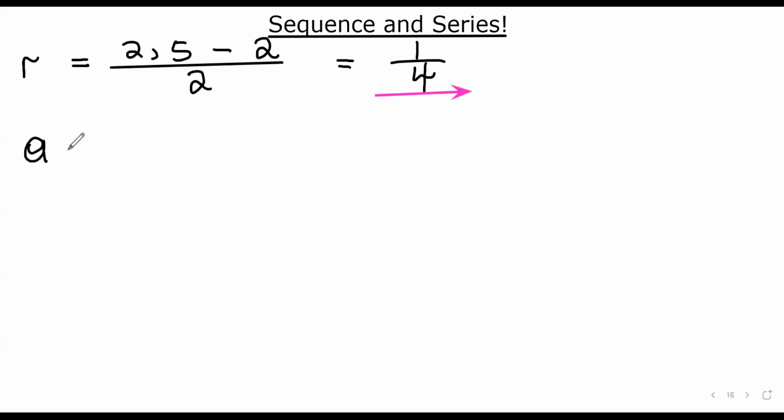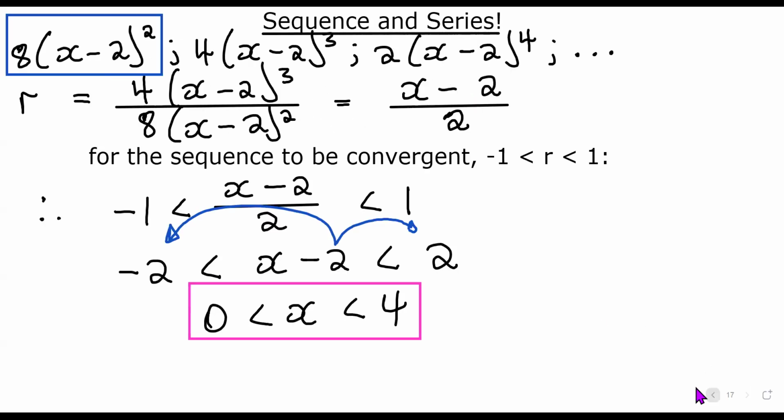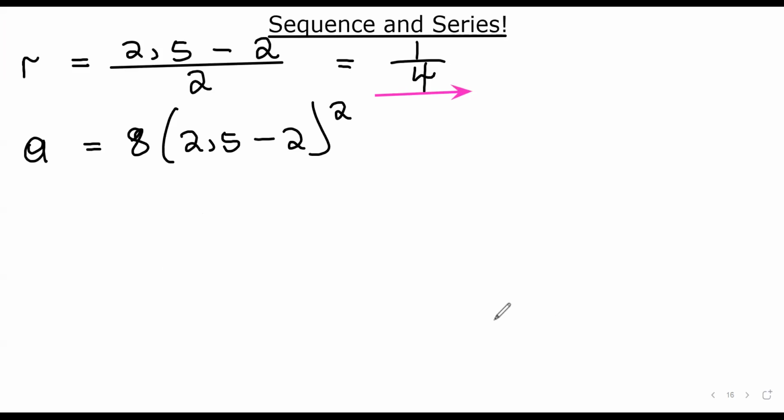So then your a, which is the first term, will be 8 into (x − 2), which is all squared. Of course it is squared. So when you now say 8 into (2.5 − 2) squared, you find that a is going to be 2.